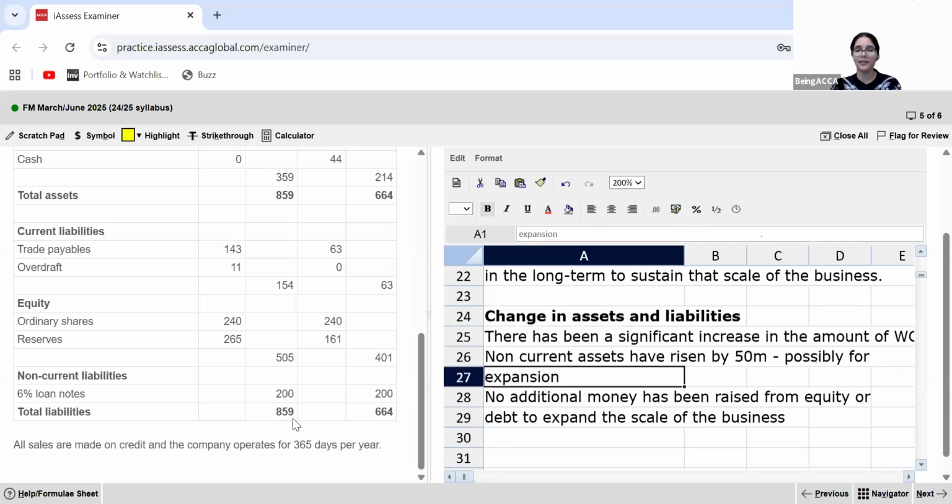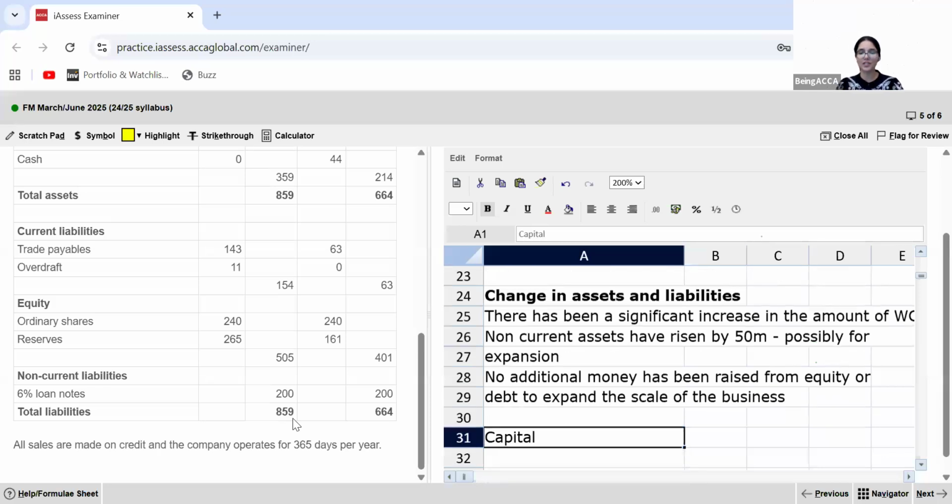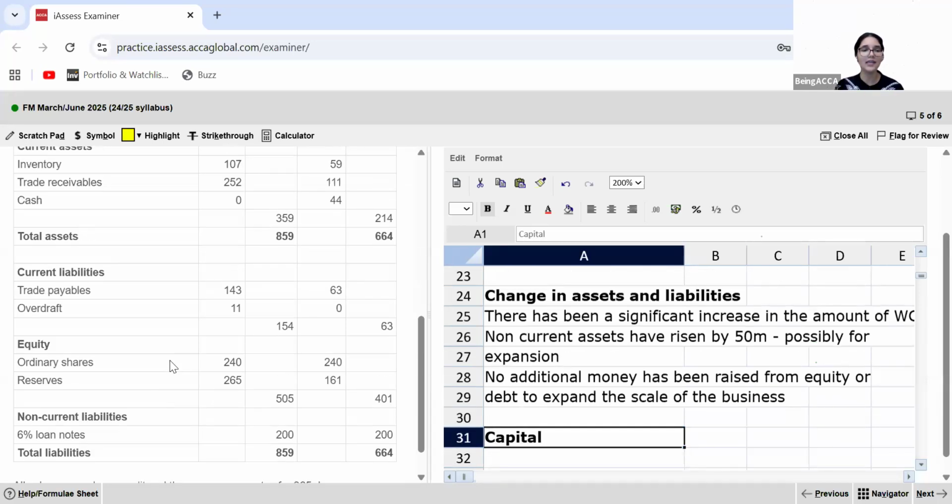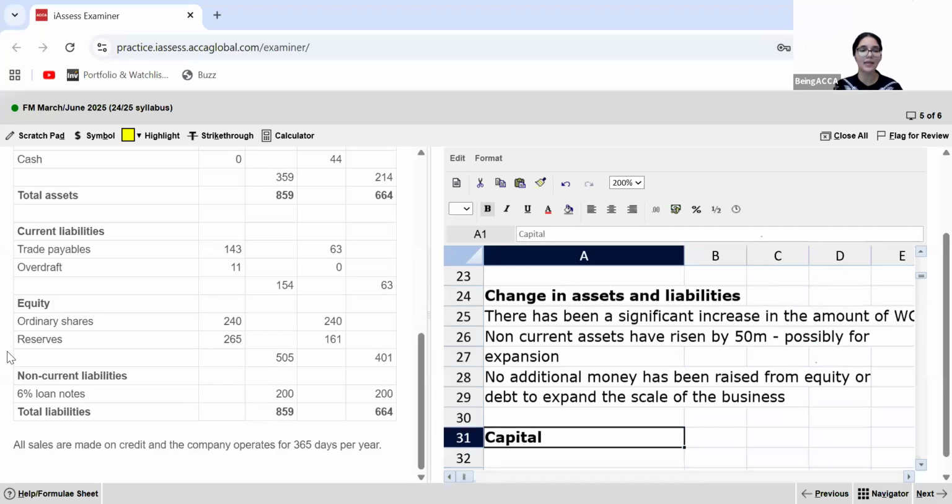The second subheading that we can talk about is the capital. How has the capital of the company actually changed? When you see the equity segment of the balance sheet, there's been an increase in the reserves. Earlier, we had reserves of 161 million. Now we have reserves worth 265 million.